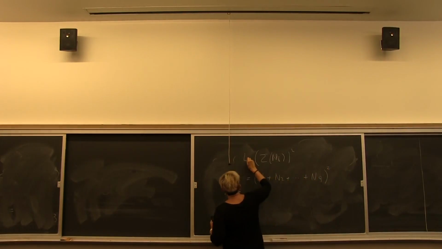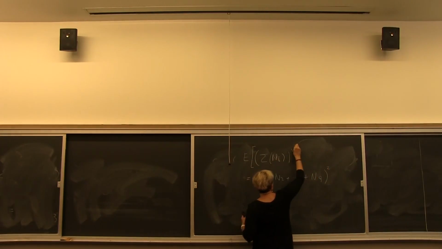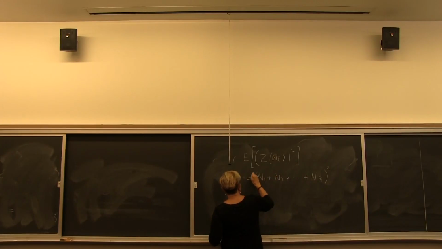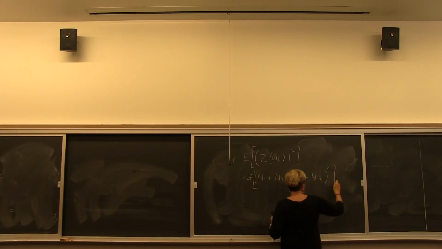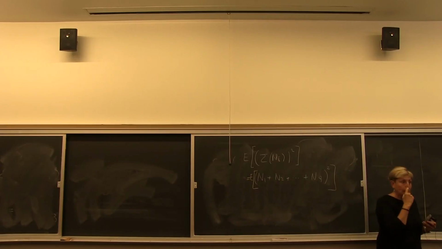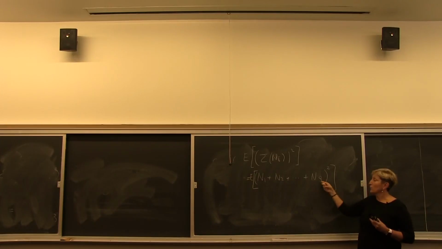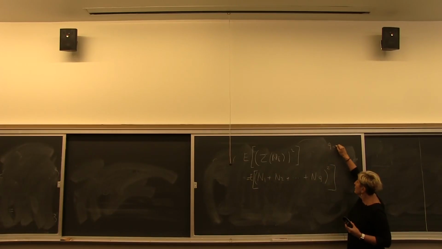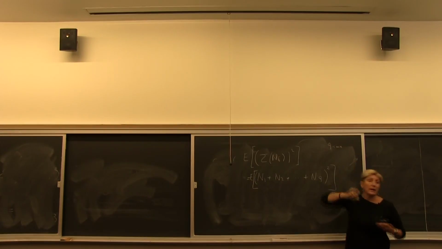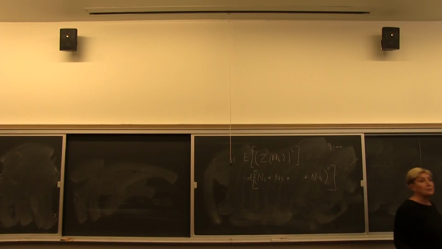And I need the expected value of this. Here I use 9 as mn, that is m equal 3, n equal 3. Okay? So how do I find the expected value of this?